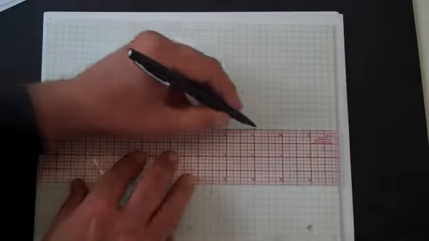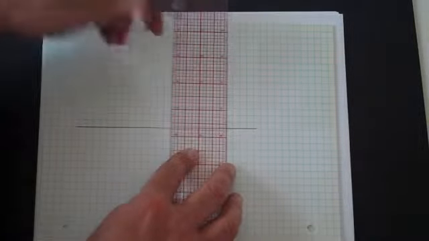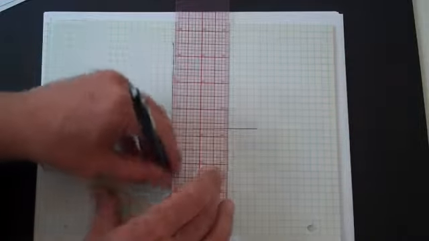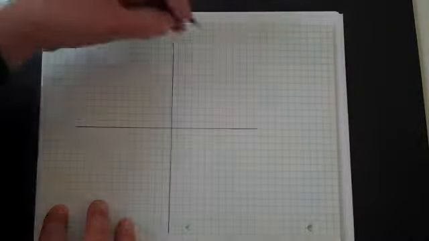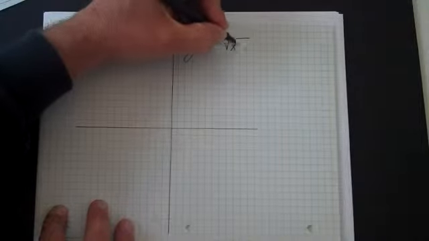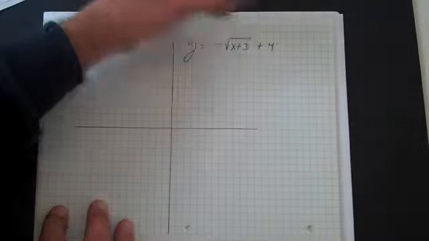So let's look at our first example. We're going to use a square root problem because that's probably the easiest to learn from. If you know how to graph square roots, you will notice this, and if not, then we have a video on graphing square roots. So let's say you have y is equal to minus square root of x plus 3, plus 4.